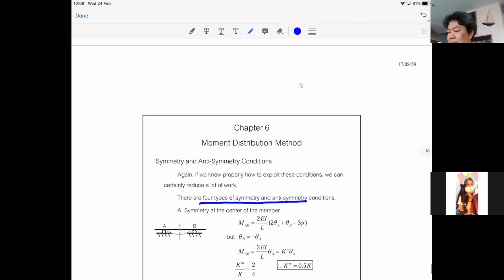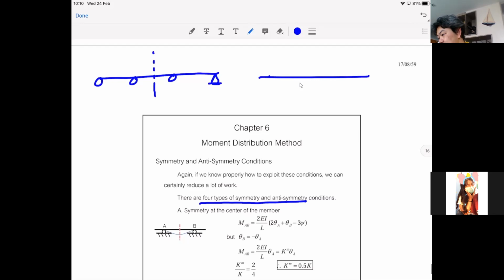Okay, so for the odd number of spans, if it's symmetry or anti-symmetry, your center line is in the middle of the member. See? But for the even number, it's right at the mid support. So there is the difference.